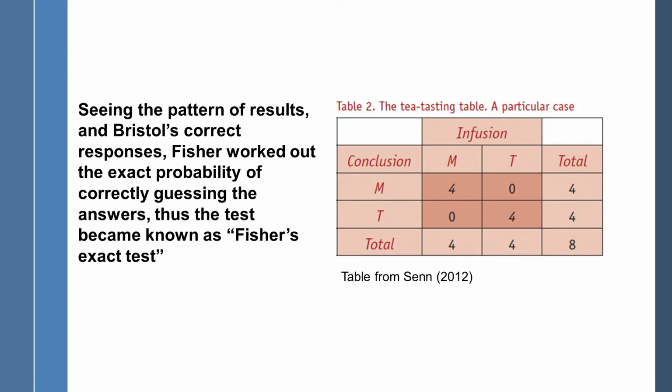So he created a 2x2 table, charted out the actual state of affairs, and then worked out the probability that this could have been achieved by guessing the results. This became known as Fisher's exact test, essentially because he produced the exact probability of this event happening if there is no special ability to determine whether the tea or milk came first. It's a precursor to the chi-square.